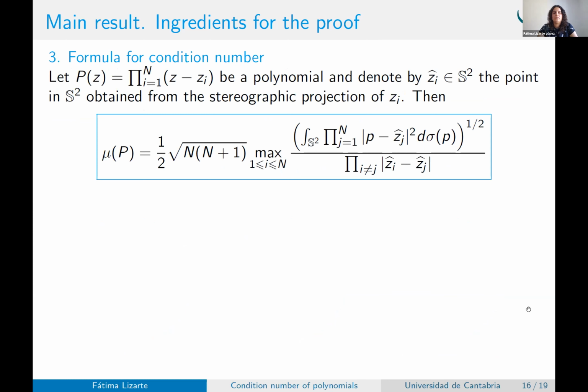So the condition number of a polynomial P of this form can be computed from this formula.